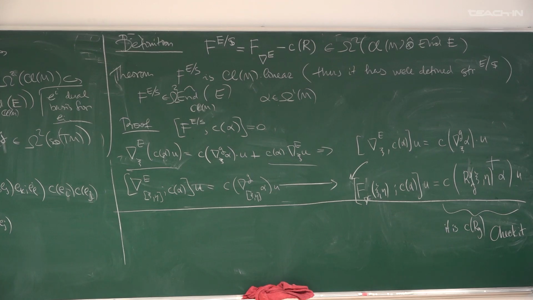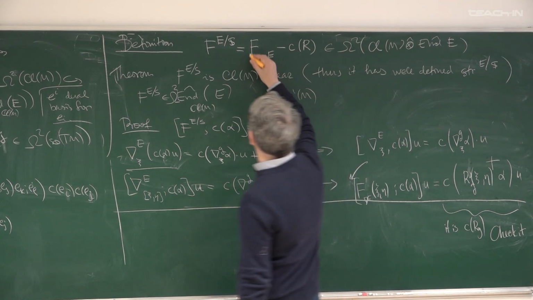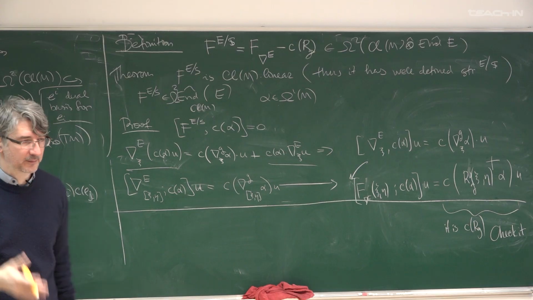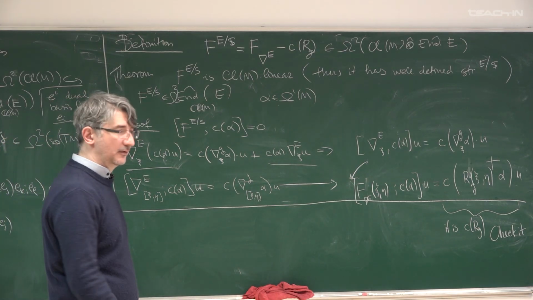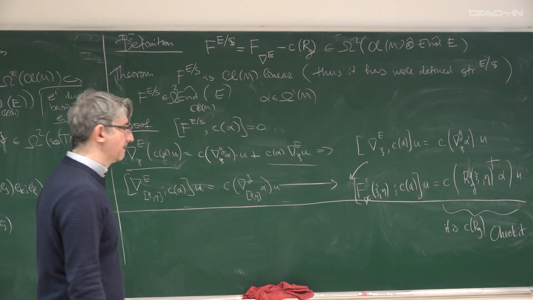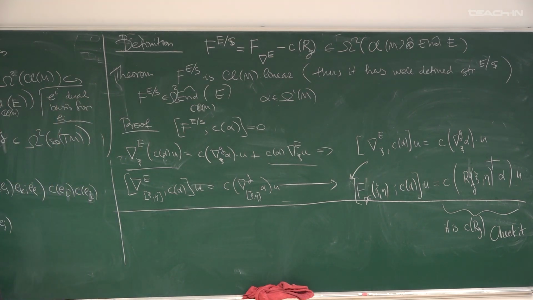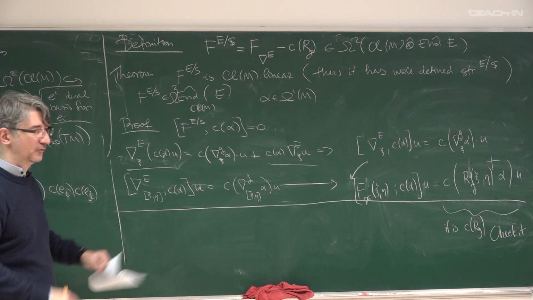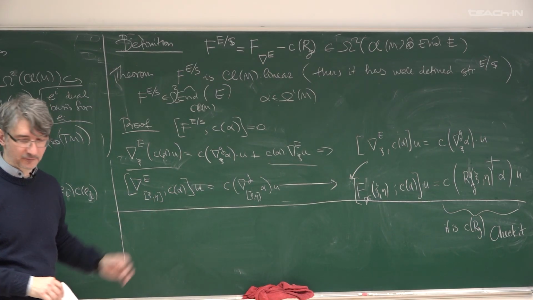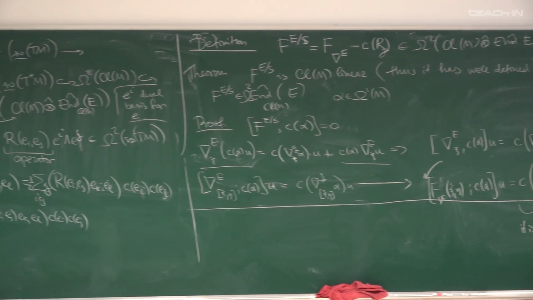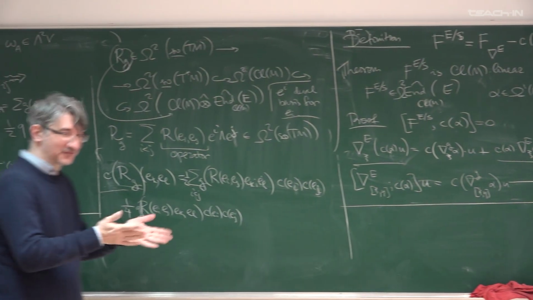From time to time I write R or RG, it is the same. So this one is RG, the Riemannian curvature on the manifold itself. My congratulations, we know all the ingredients of the Atiyah-Singer theorem. That's all for today. So the theorem is proved, so we know all the ingredients of the right-hand side of the Atiyah-Singer theorem, and you have something to exercise at home.